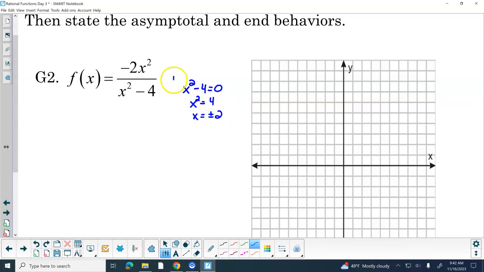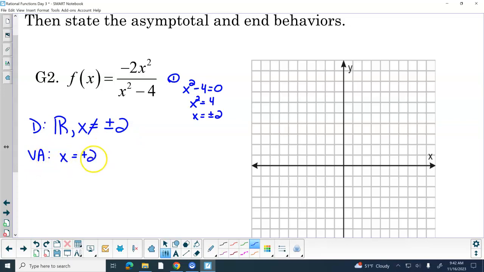So for my domain, I get all real numbers, but x cannot be plus or minus 2, which means I have two vertical asymptotes, one at positive 2, one at negative 2.